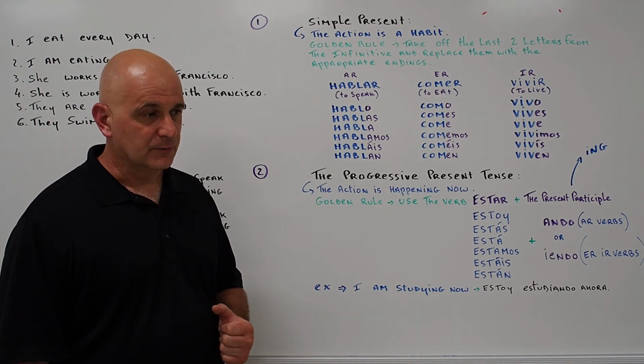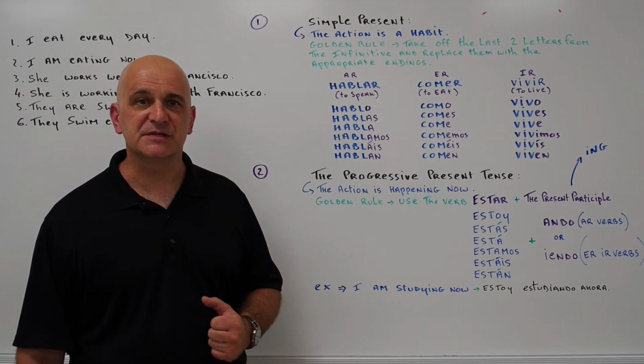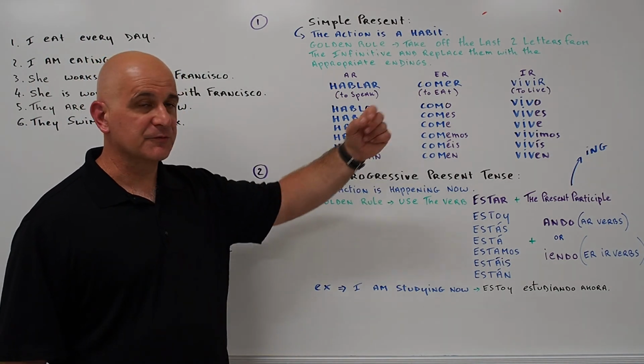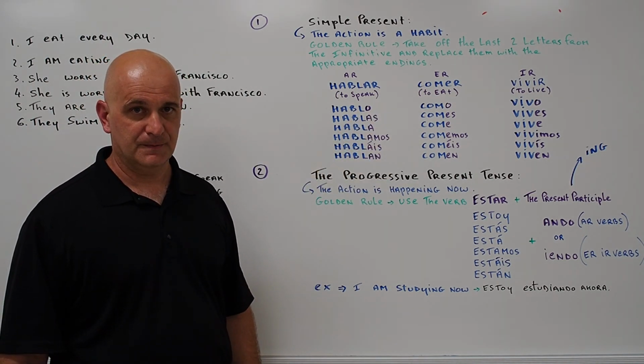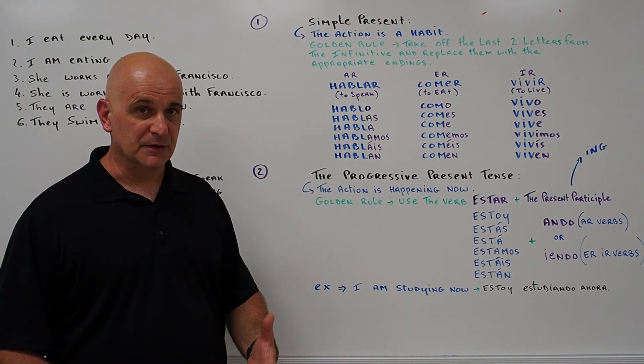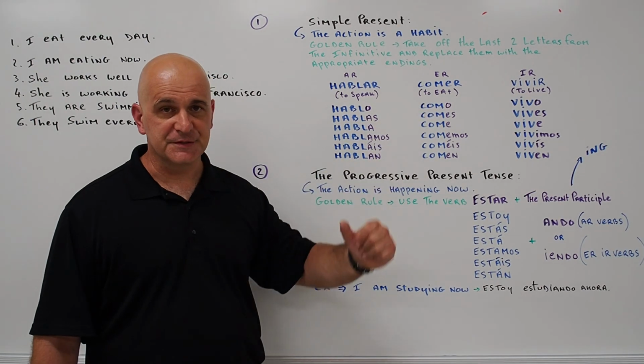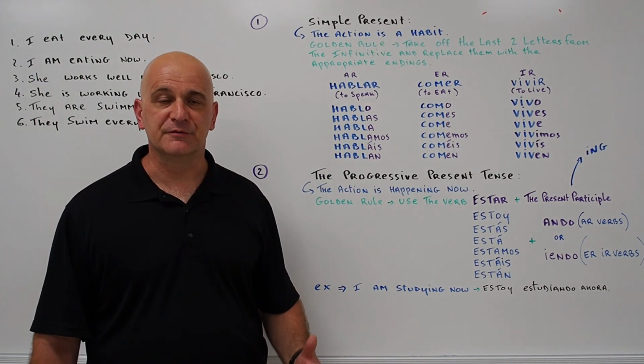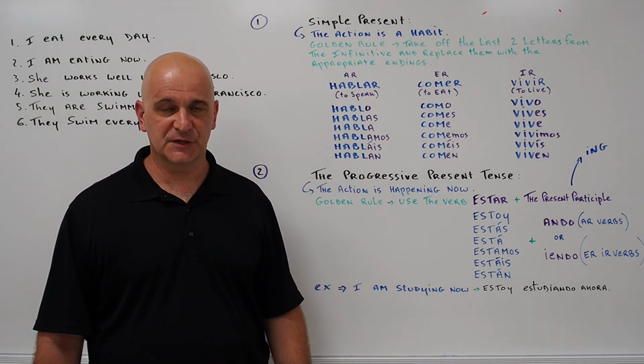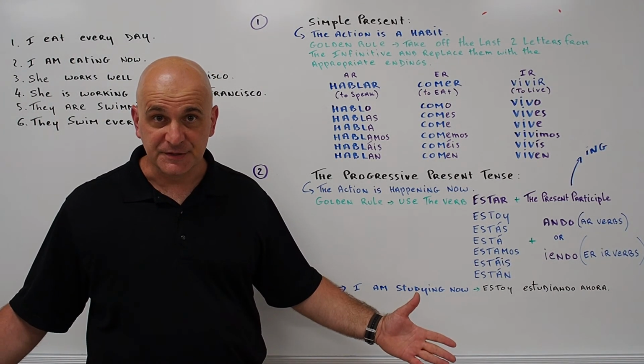Well, that's not enough. You also have verbs that end with an ER, which is going to be another infinitive. And then you have a third infinitive, which is going to relate to the verbs that end with an IR.